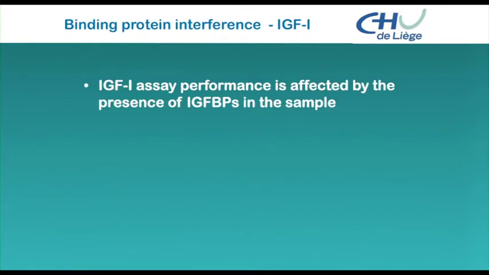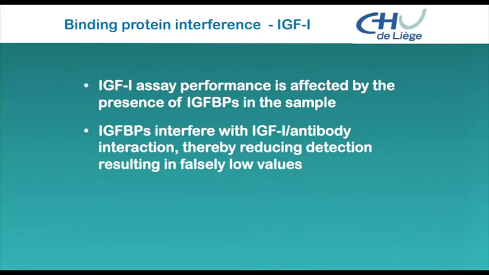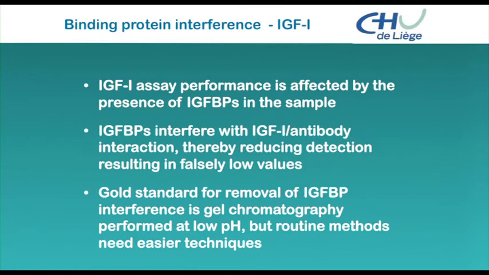IGF-1 also circulates linked to IGF-BP, and this IGF-BP also gives an interference in the assay. How does it work? For the direct IGF-1 assay, we mentioned earlier, in the younger days of Professor Saab, that there was a chromatography, acidic separation, but it's very time-consuming to have this kind of good IGF-1 reference method.